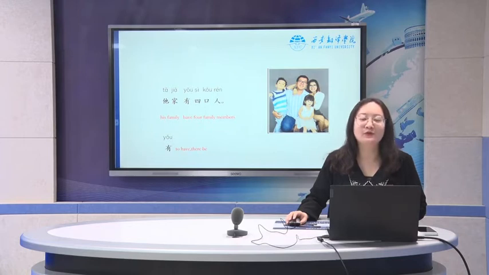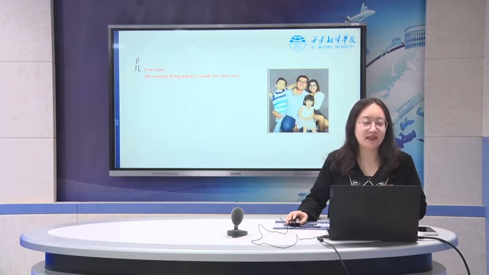他家有4口人。And to ask the number, we use this Chinese character, 几, that means how many. And we use 几 because the number being asked is usually less than 10.